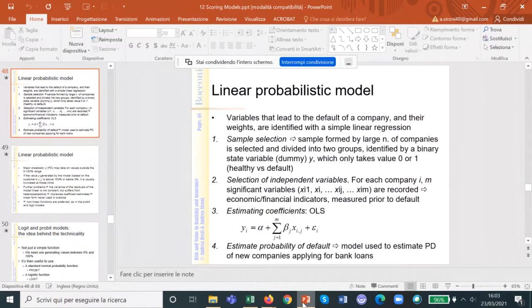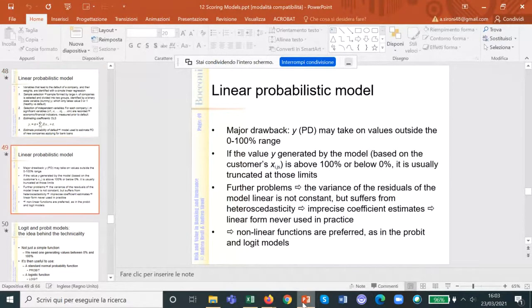There's no reason why we shouldn't be getting values that are outside the 0-1 range. And this clearly represents a problem, okay? Usually we can truncate these values between 0 and 1, but clearly we have further problems.